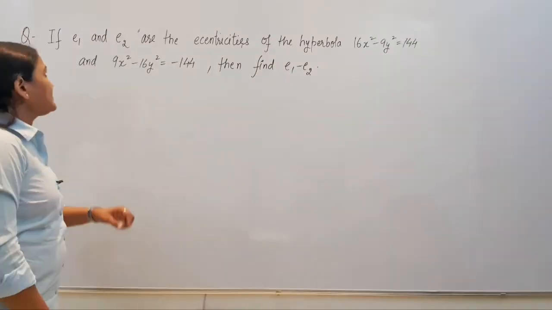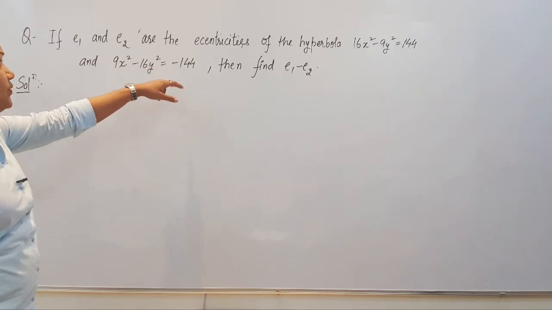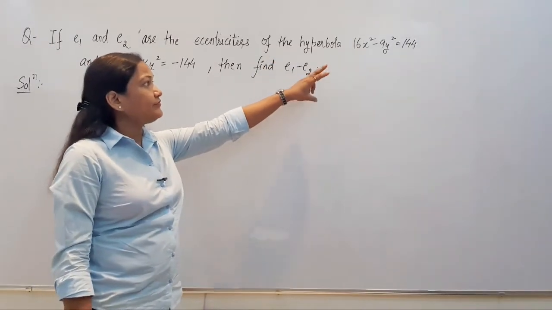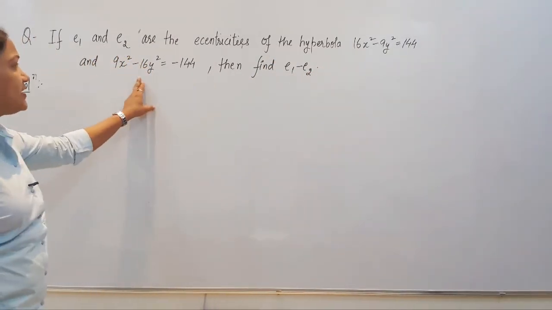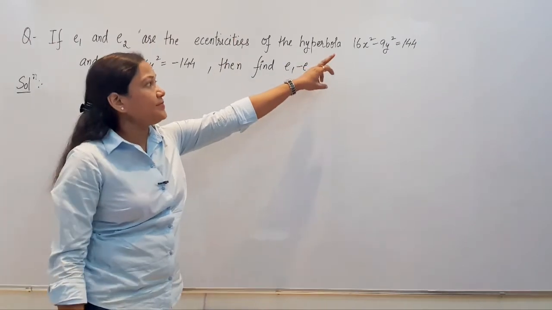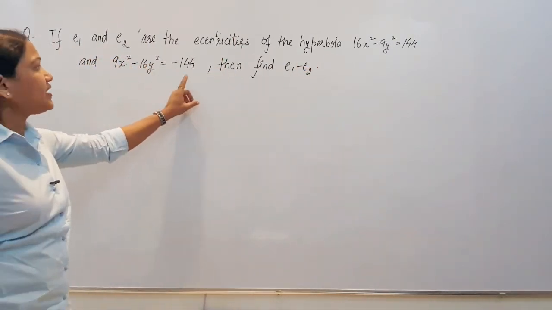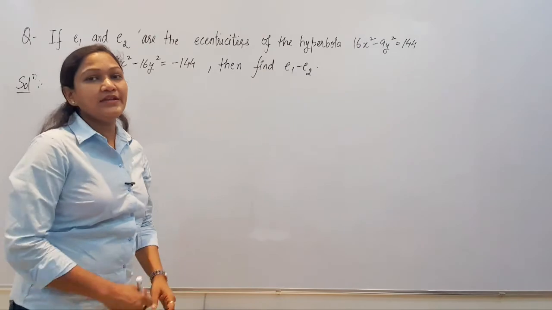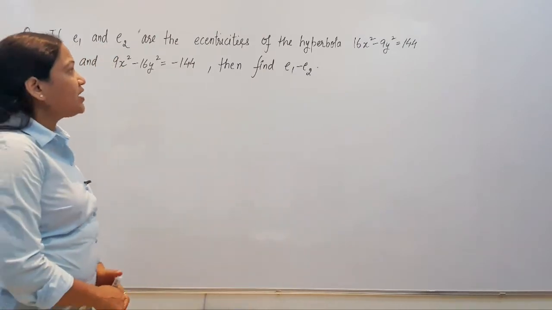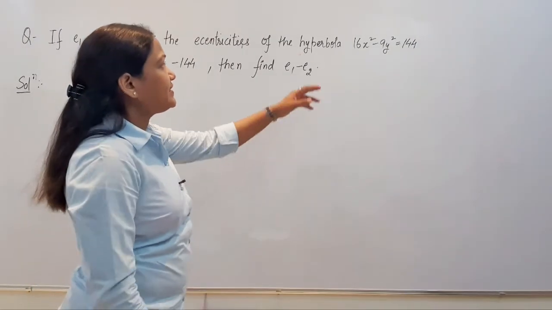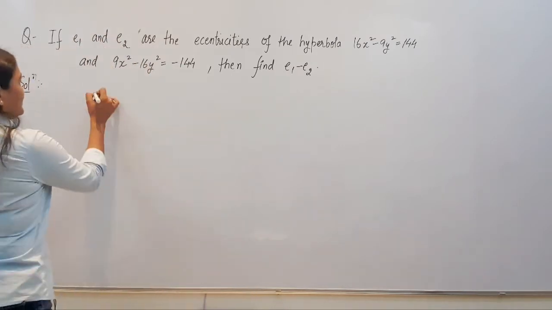Your last question is, if E1 and E2 are the eccentricities of these two hyperbolas, E1 is the eccentricity of this hyperbola, E2 is the eccentricity of this hyperbola, then you have to find E1 minus E2. So let's take out the eccentricities of both hyperbolas.